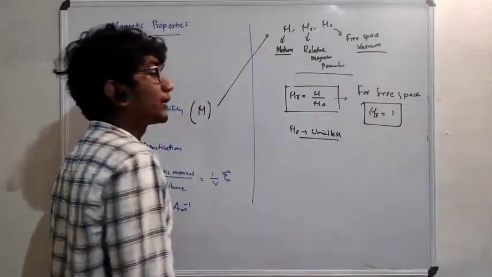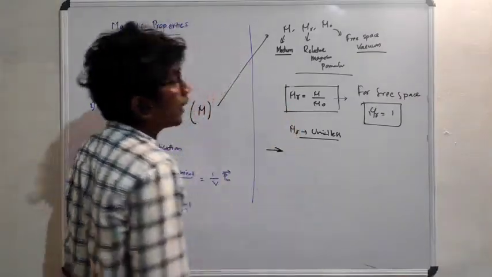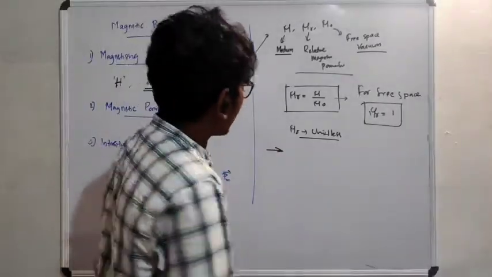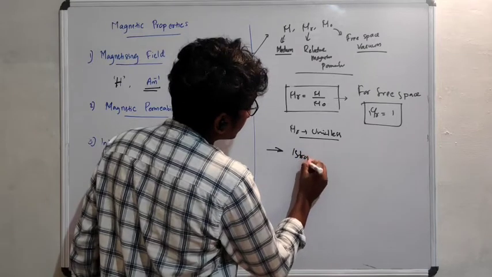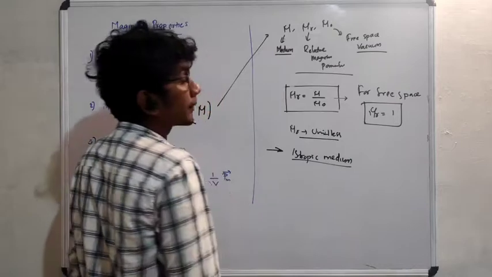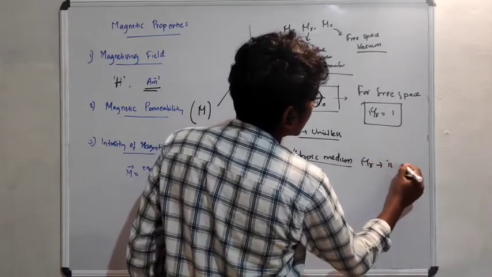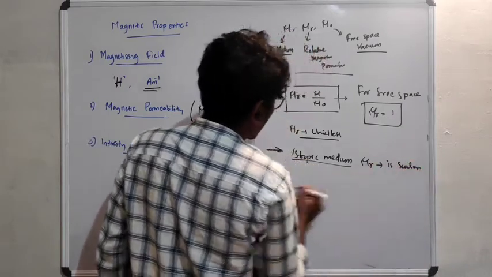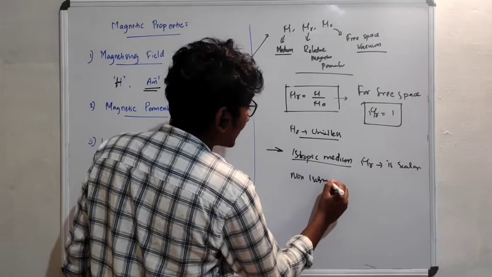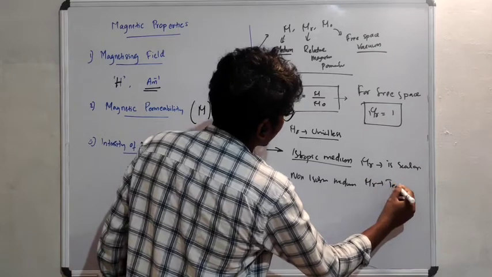Again, this mu r value in an isotropic medium is a scalar. But for a non-isotropic or anisotropic medium, mu r is a tensor.